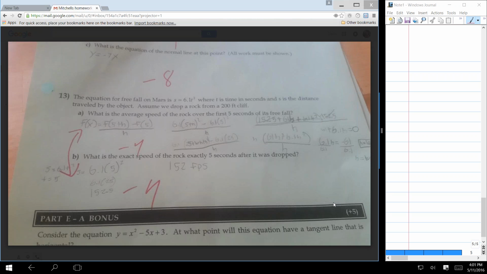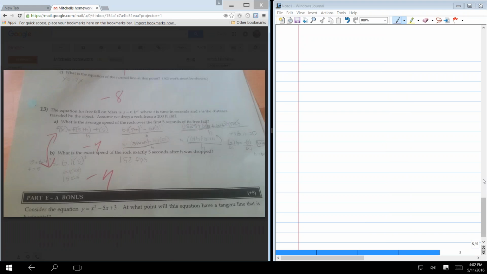So the average speed over the first 5 seconds. Average speed is an algebra problem, not a calculus problem, even though you've kind of set it up like it's a calculus problem. That is the limit quotient definition for the first derivative. What we want is the average speed, which is merely rise over run.